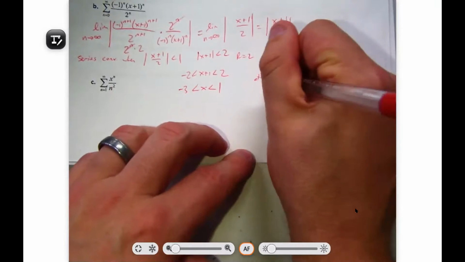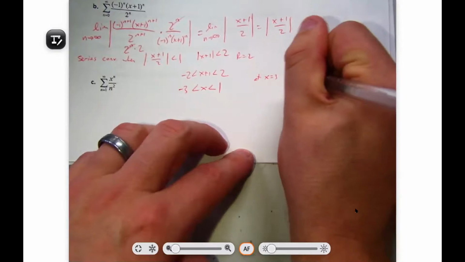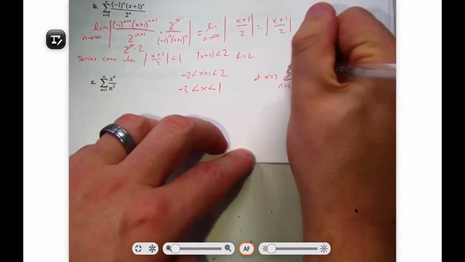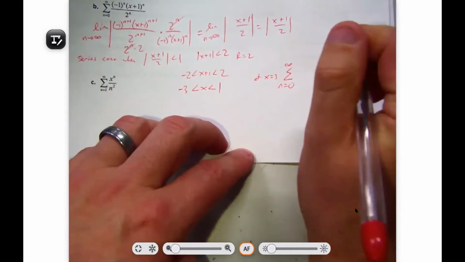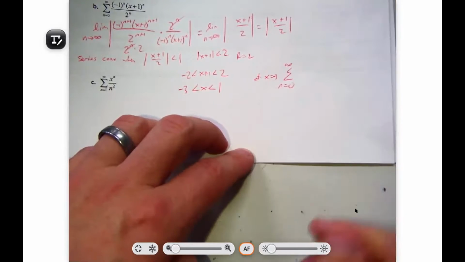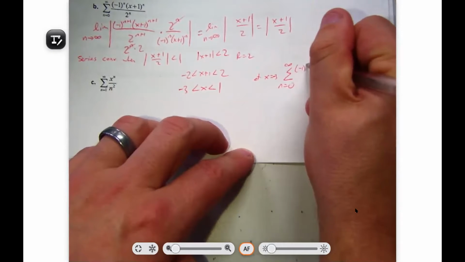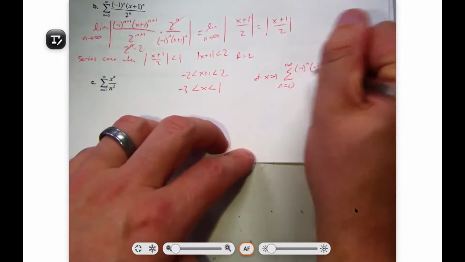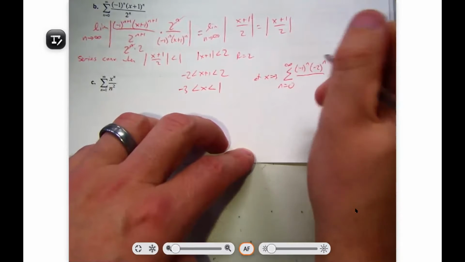So at x equals -3, we have the series from n equals 0 to infinity of, oh, it's -3, by the way. My bad. So we have -1 to the n, and then that's going to be -2 to the n over 2 to the n.